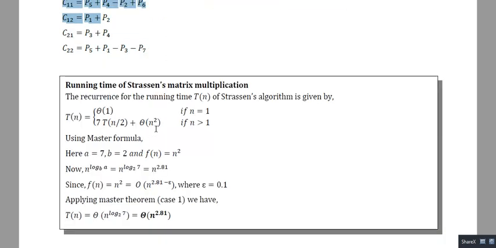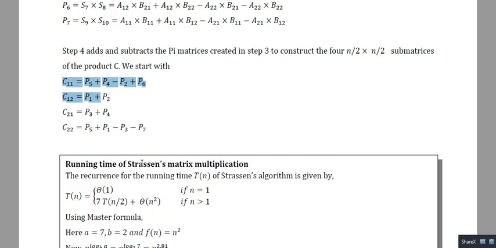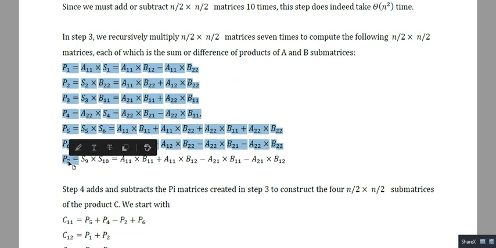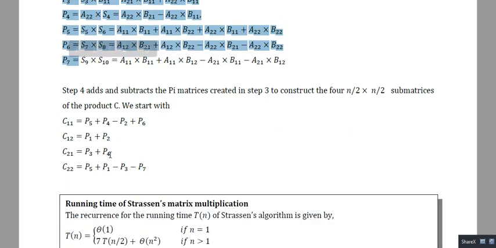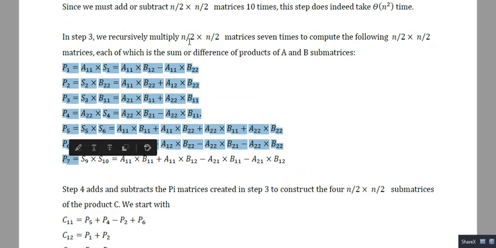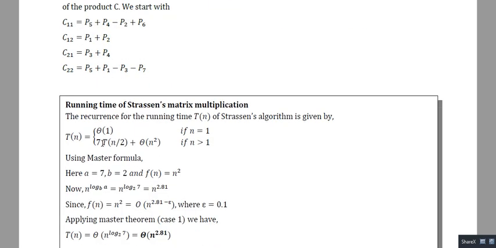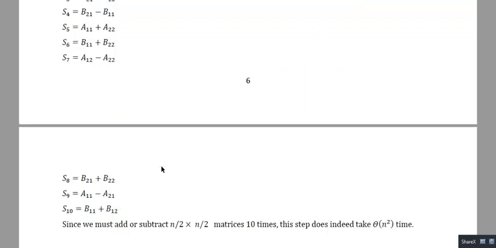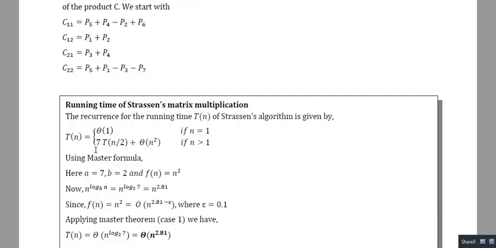So here we are not calculating 8 submatrices, rather we are calculating how many submatrices? 7, P1 to P7. Okay, and each of their sizes is n by 2. Okay, so the recurrence will be like this: 7 into T(n/2), and each of them requires n square time for execution. Right. So it will be 7T(n/2) plus theta of n square.